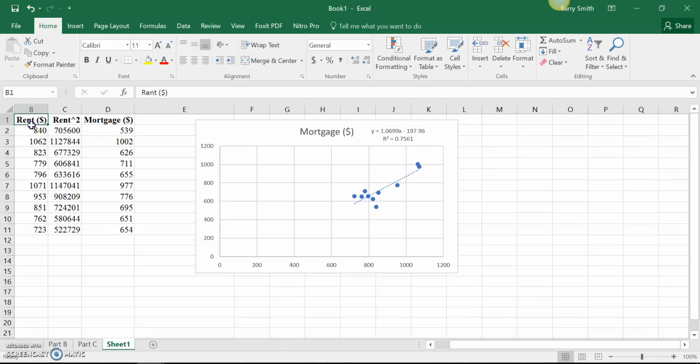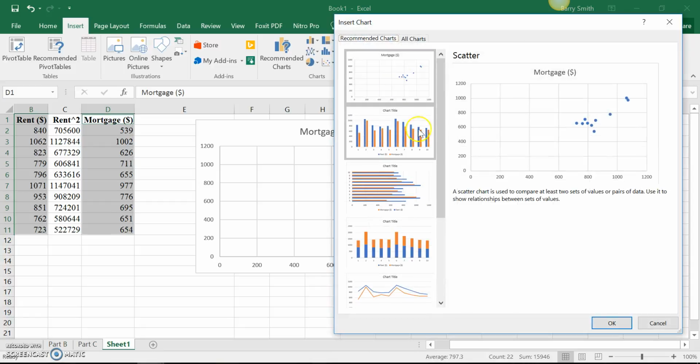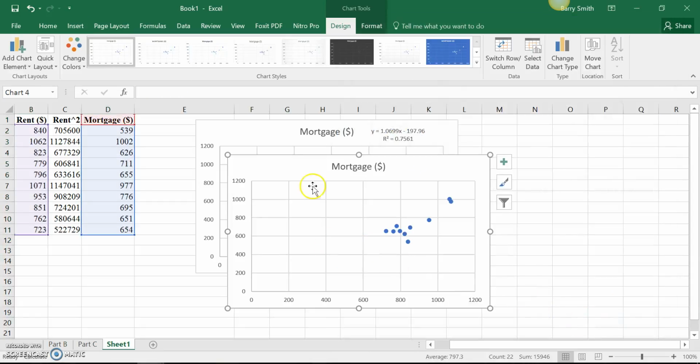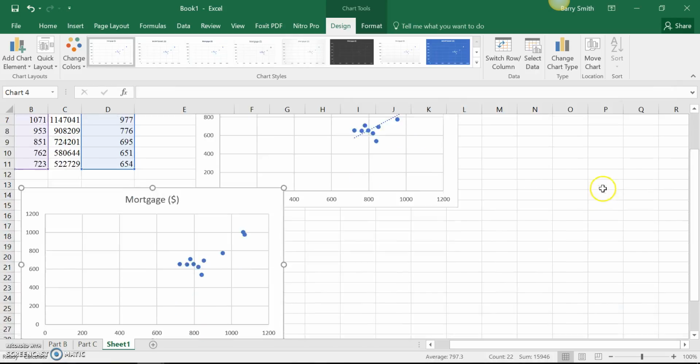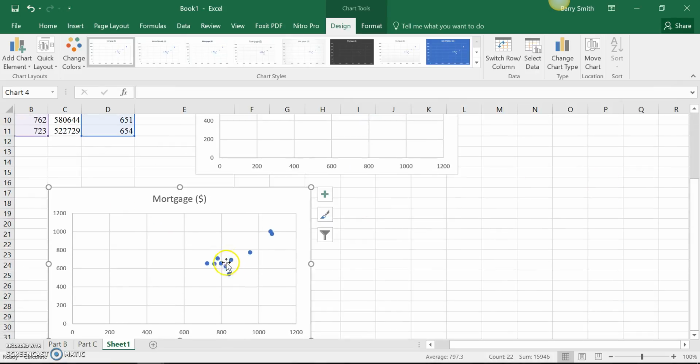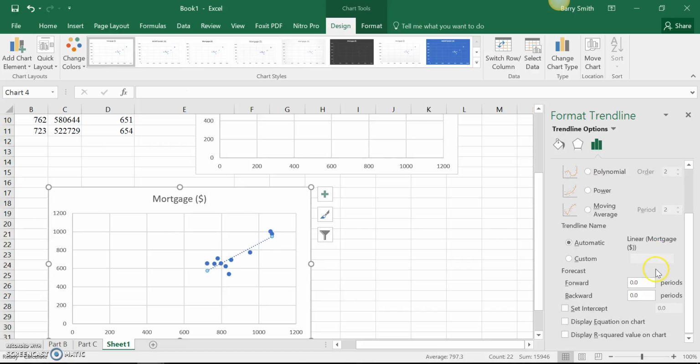So we'll have this and this, and we'll do insert, and we'll do a new graph. And hopefully when I do it, we'll get the overlay. Trend line. We do a linear first, I guess it won't matter. So we have that.